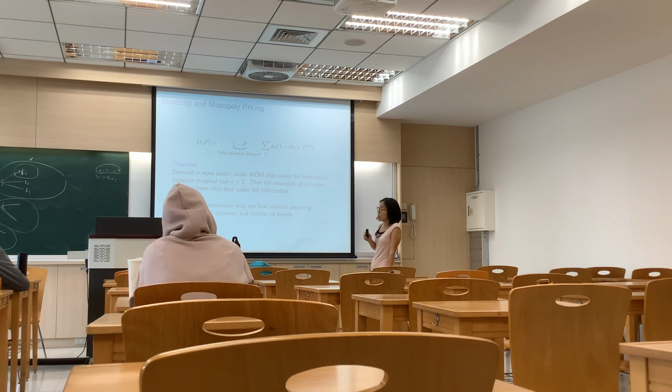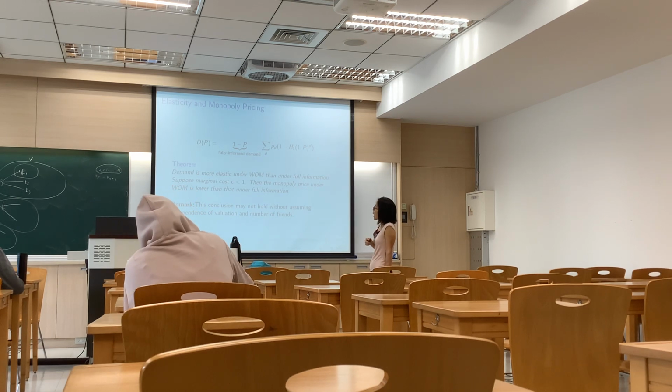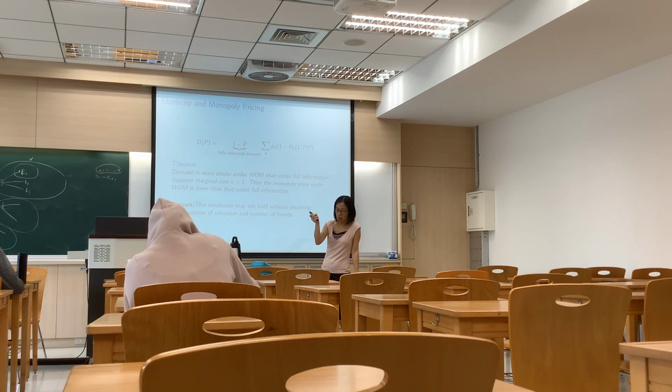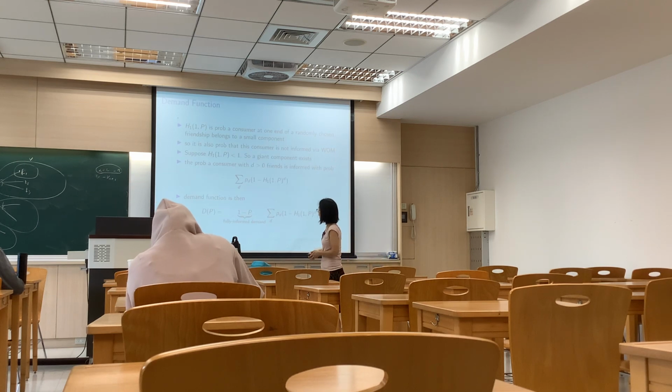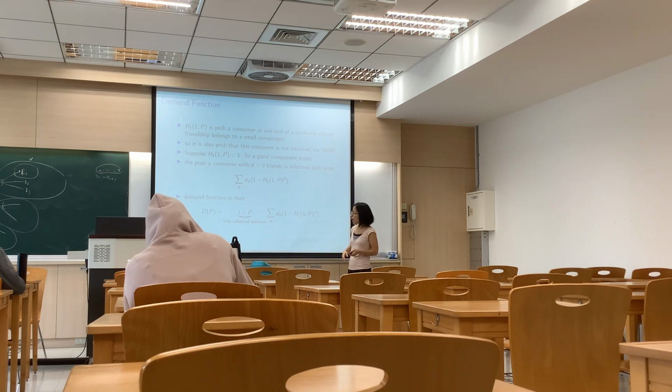So given the assumption that valuation is independent of number of friends, then demand is more elastic under word of mouth than under full information. And the reason is when you increase price, you lower the fully informed demand, but you also lower the probability a randomly chosen consumer is informed.